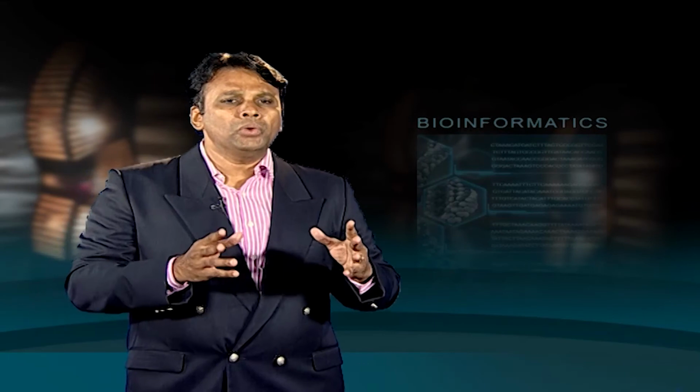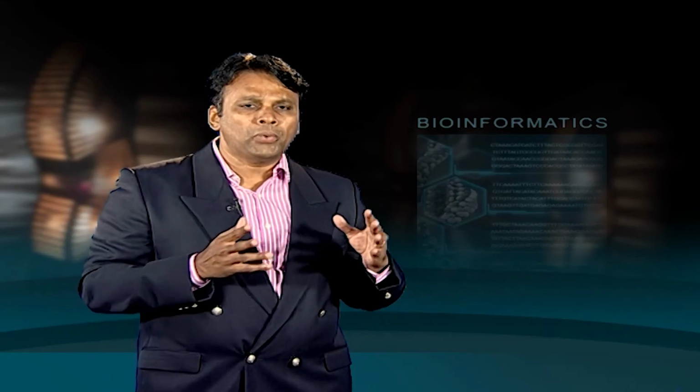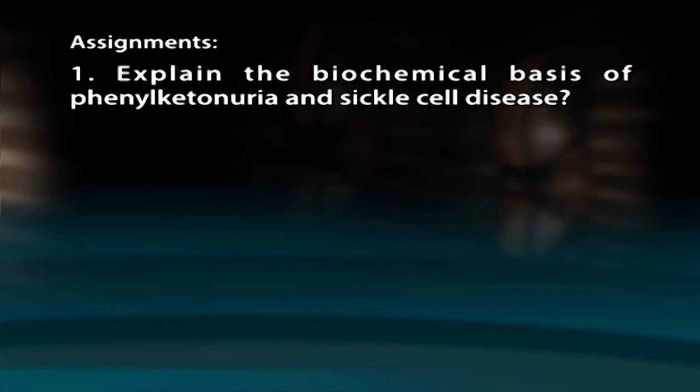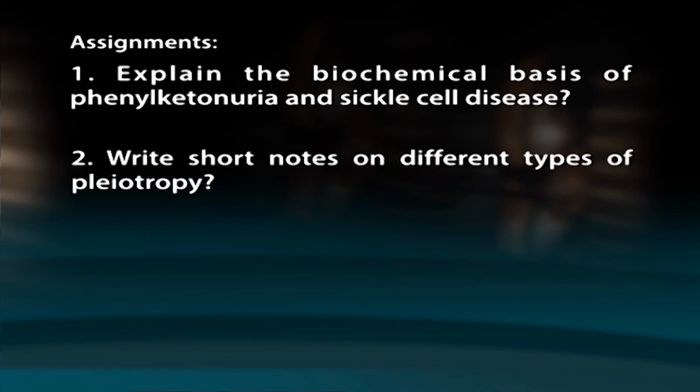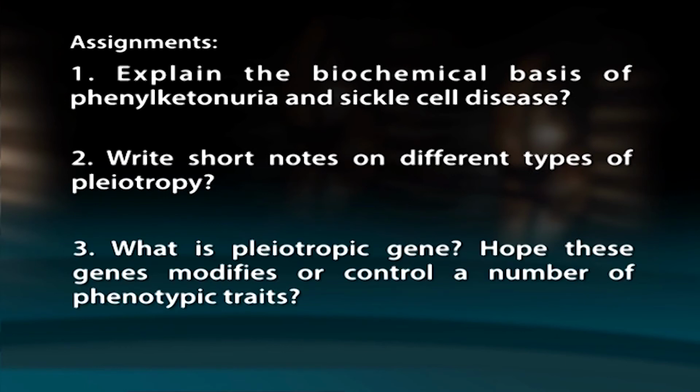Now, let me give you some assignments from the portions we have already discussed. The first assignment is to explain the biochemical basis of phenylketonuria and sickle cell disease. The second one is to write short notes on different types of pleiotropy. Third, what is a pleiotropic gene?